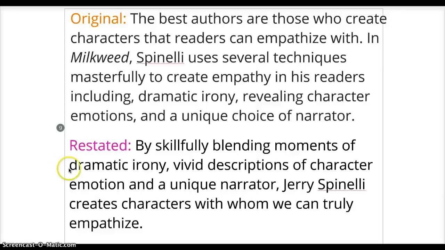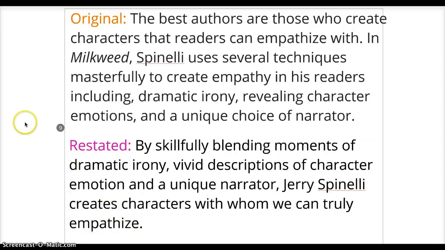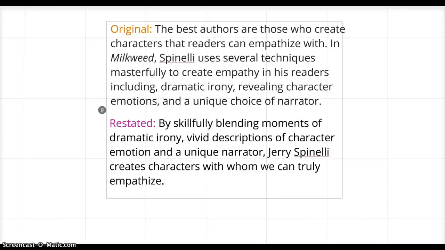It's bringing back my 3 main points of dramatic irony, descriptions of character emotion, and the unique narrator. It's bringing back the idea that those create empathy, but it's pulling back to that big idea that techniques are used on purpose to create empathy. Okay? So that's going to be my first sentence of my conclusion paragraph. That's restating my thesis. Now let's move on to the second task in a conclusion, which is synthesizing your main points.